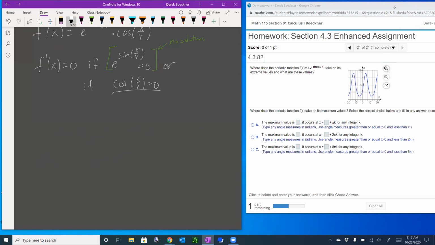Okay, I'm going to go around the circle a fourth as fast, so it's going to take me a lot longer to get around the circle.